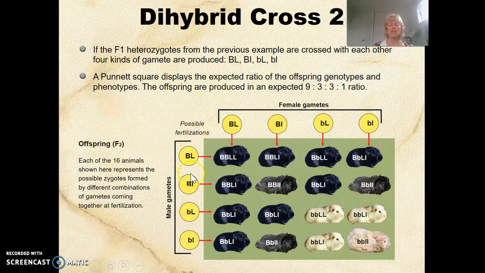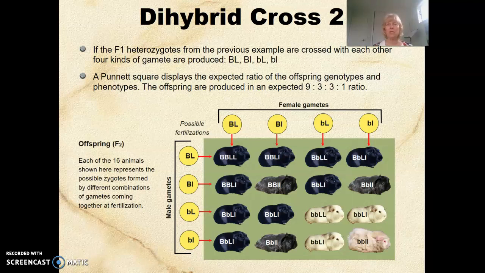So in a dihybrid cross, your typical phenotype ratio is 9 to 3 to 3 to 1. Now remember, this is only a prediction. If you actually cross two animals, you will never get the perfect ratio.